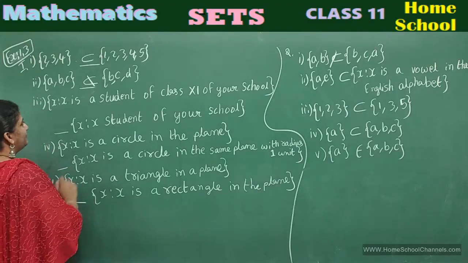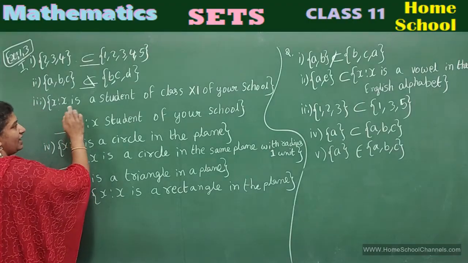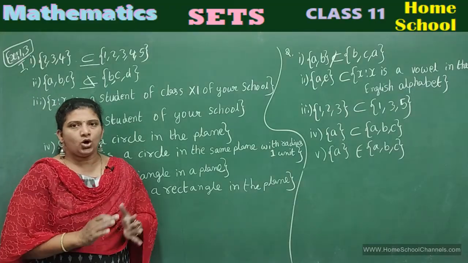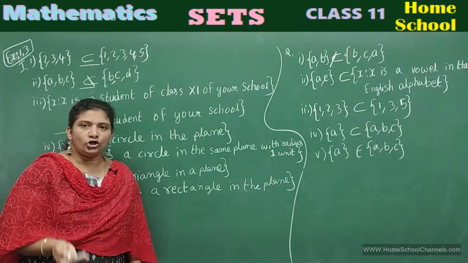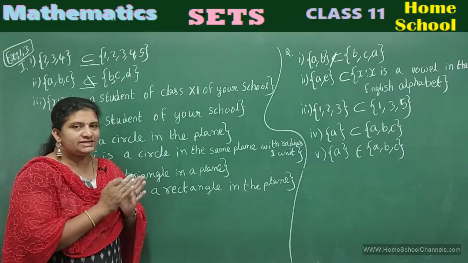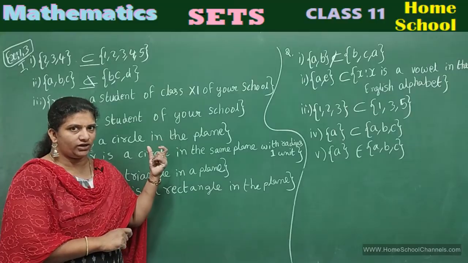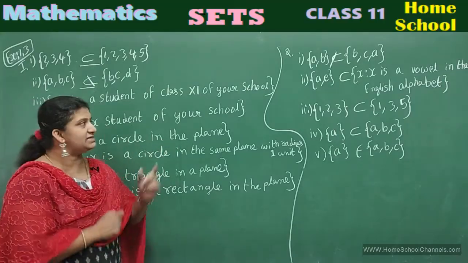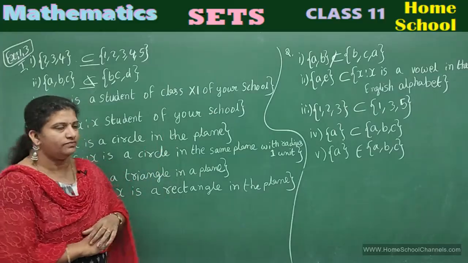Okay. Third one, {x such that x is a student of class 11 of your school}. In your school, not only up to 10th, you have 11 and 12 also. See the gap here? One more set, {x such that x is a student of your school}.